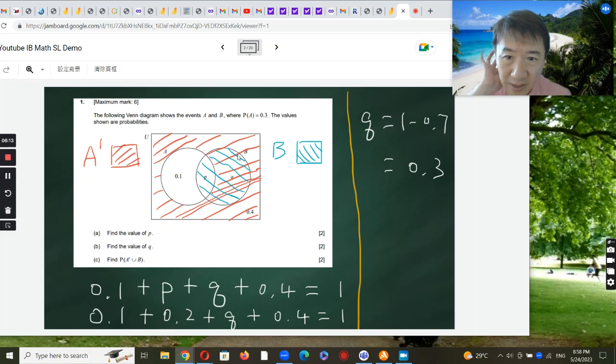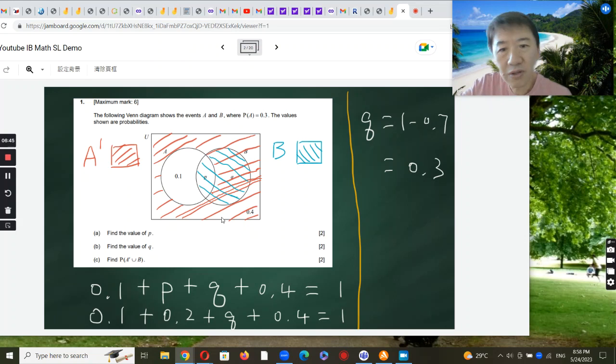And right here, the region q is shaded by both the red line and blue line, so that belongs to the union also, right? So the only region that does not belong to this union is that 0.1. And therefore the probability of this union must be 1 minus 0.1, which is 0.9. Right? So the answer is 0.9.